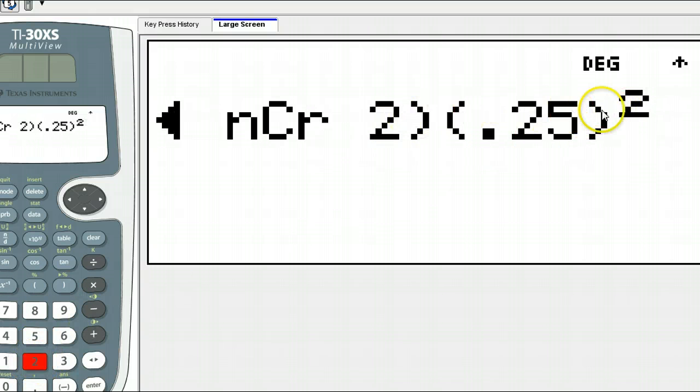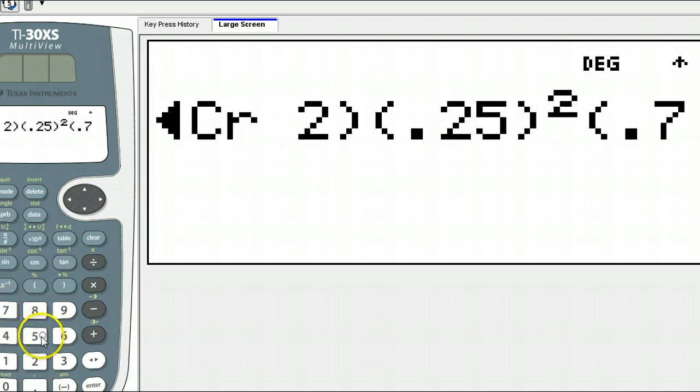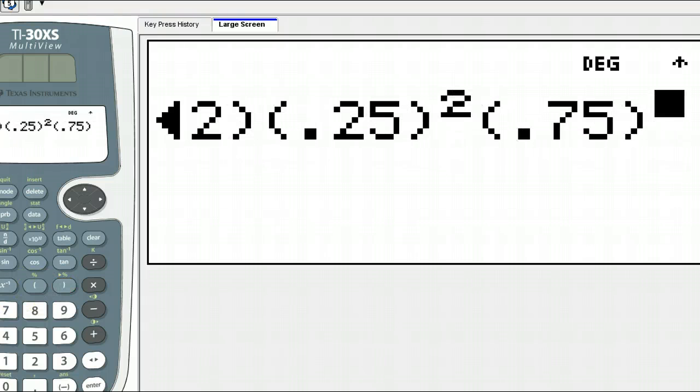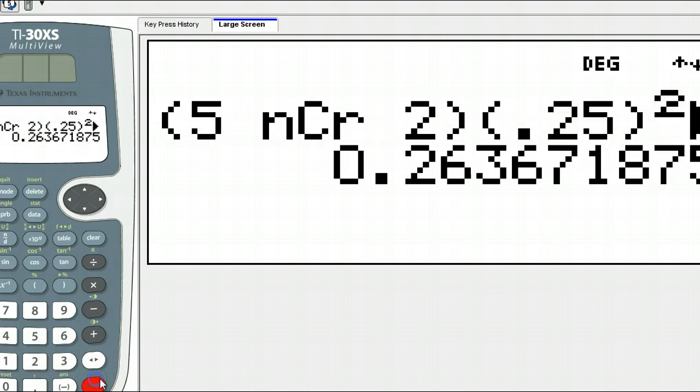These two numbers will always be the same, make sure they are. And then times the probability of failure, 0.75, and the power is the number of failures, total of 5. That means 2 successes, 3 failures. I hit enter, and that gives me 0.2637.